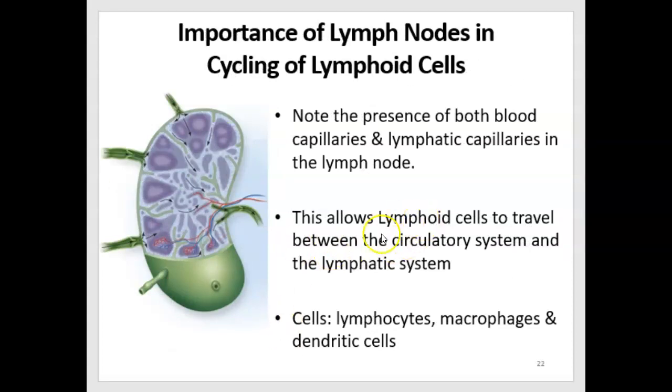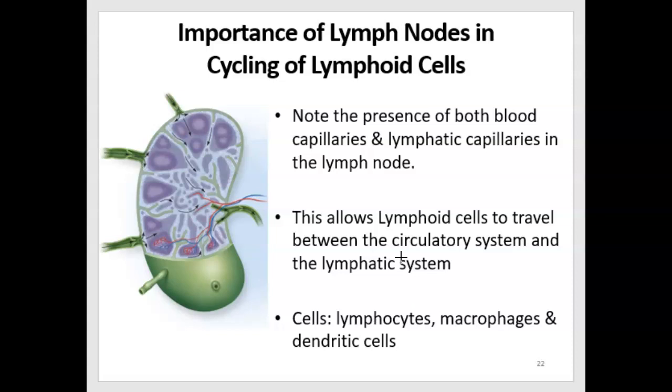Okay, now for the last topic of this lecture. This involves the importance of lymph nodes in the movement of leukocytes, white blood cells, between the bloodstream and the lymphatic system. We call this cycling of lymphoid cells, or leukocytes.